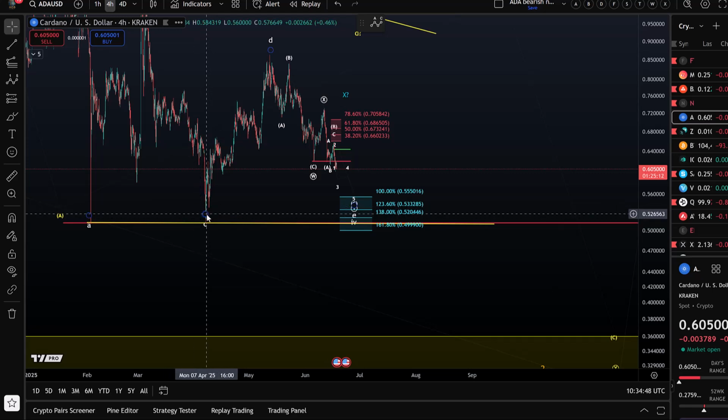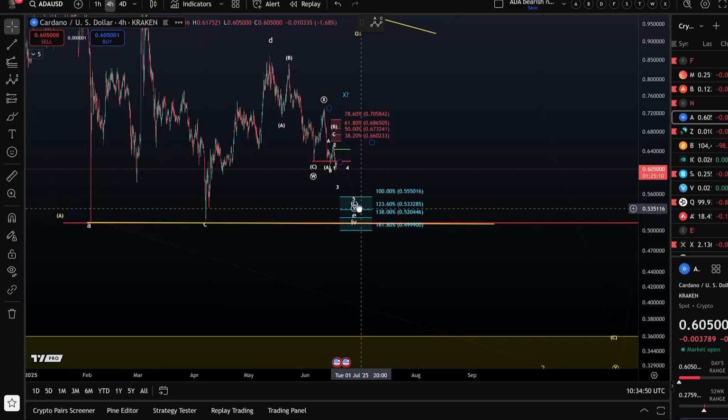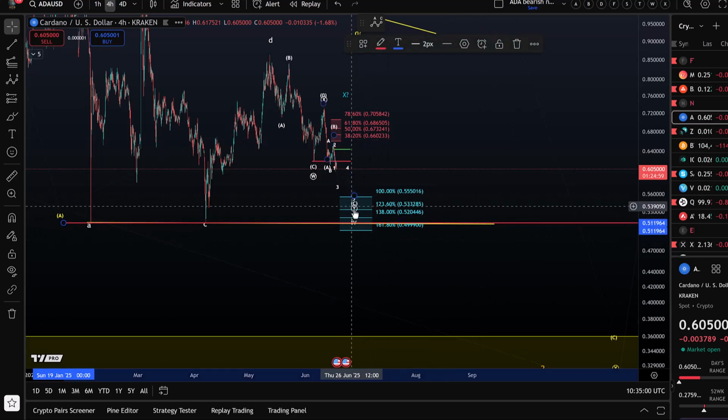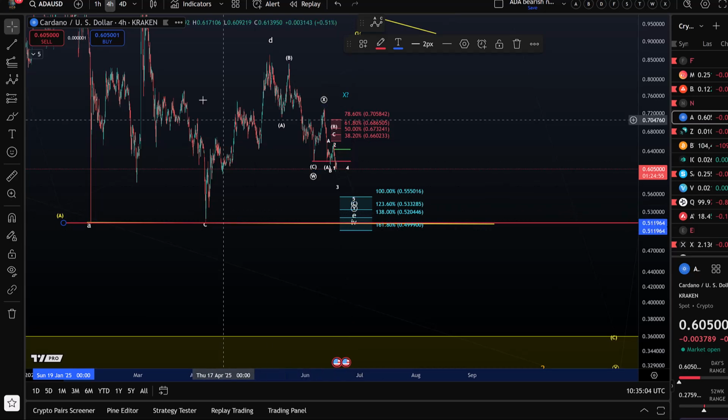So obviously we want to be aware of that. The blue zone points below that level. But again, we have a target area internally and an invalidation point at 51 cents. So ideally, the price finds support in the upper section of that blue zone.